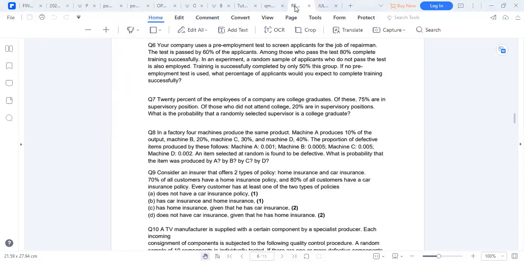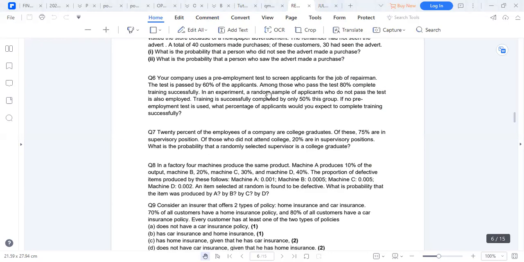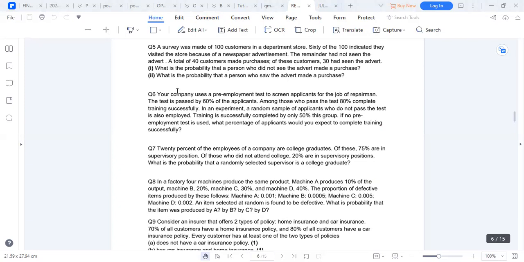I really want this to look as easy as it should be. Right. So, can you try one on your own? Which one can I choose here? 5, 6, 7, 8.